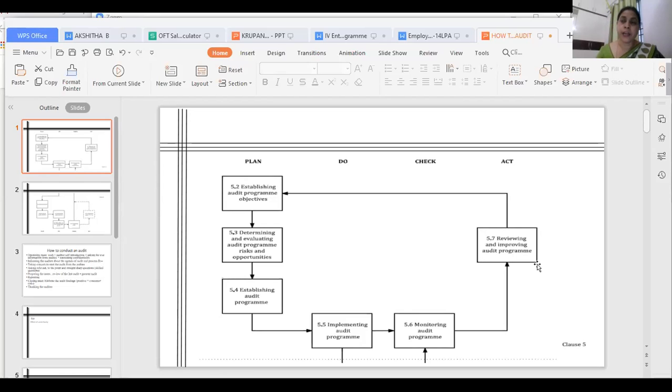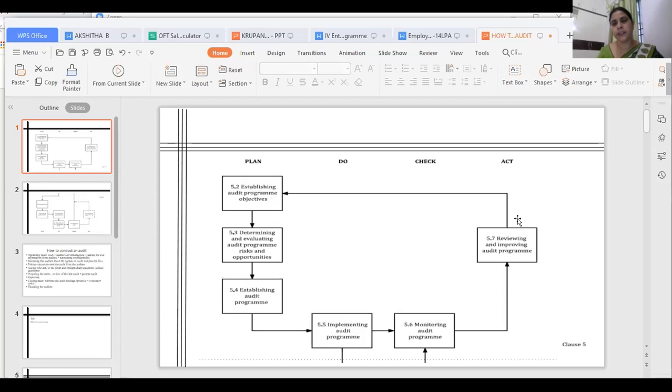When you are reviewing, I am talking about the reviewing of the process of the audit. I'm not talking about the review of the process of the auditee. It's the process of the audit. If you require, you can review that.